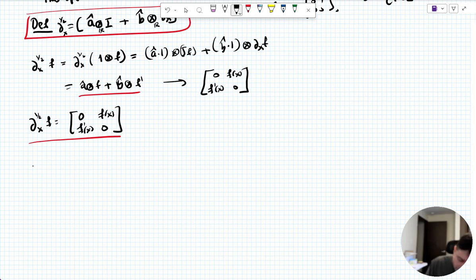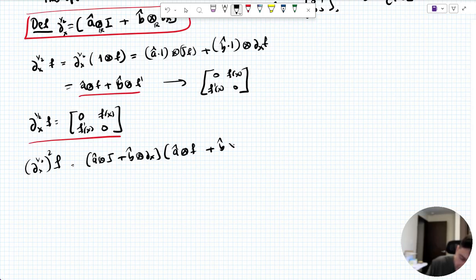So let's do square root squared acting on f. That's going to be A tensor I plus B tensor derivative operator acting on A tensor f plus B tensor f prime of f, right? Let's do this one times this one.